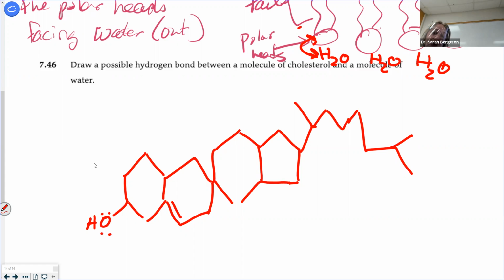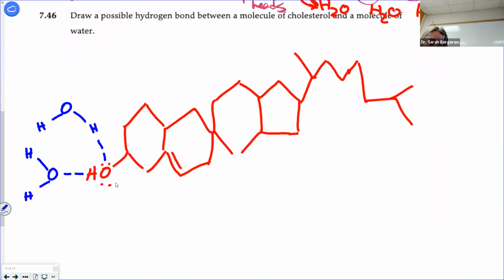I know that this hydrogen can participate with what? With the oxygen in water, right? What else could happen? I could have this lone pair interact with a hydrogen, right? And I could have this lone pair down here participate with water. So what can happen?